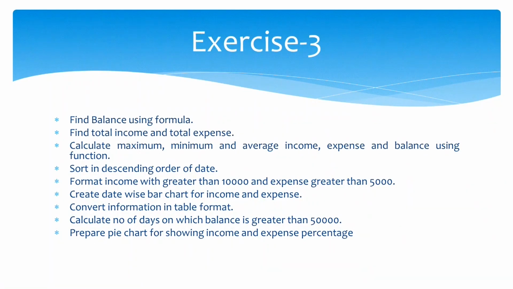So, here we have to make use of the COUNTIF function. And finally, we prepare a pie chart for showing income and expense percentage. This exercise covers many aspects of Excel features, and I hope it will help you to understand these features of Excel and utilize them for other exercises also.